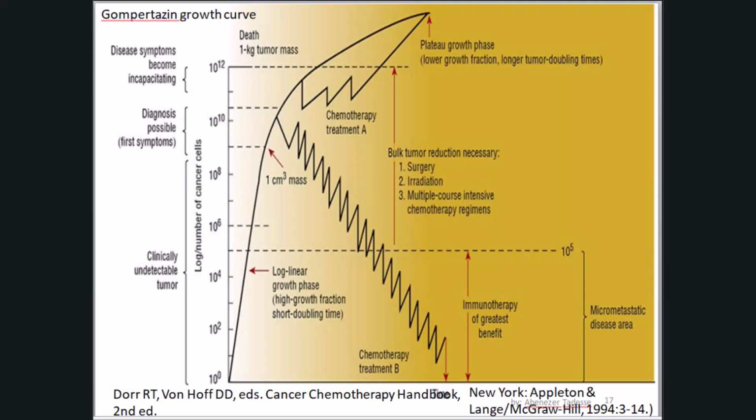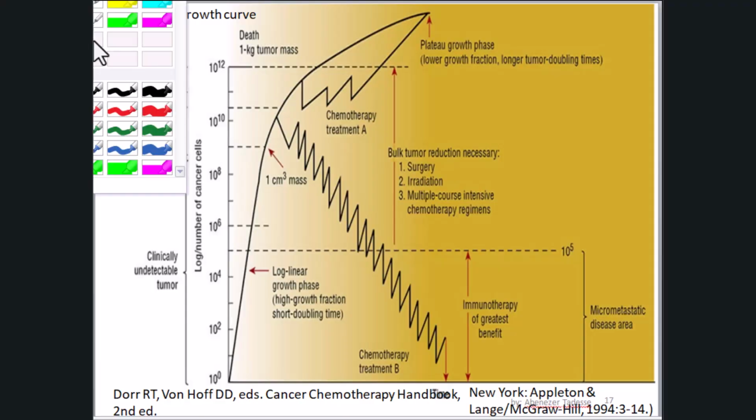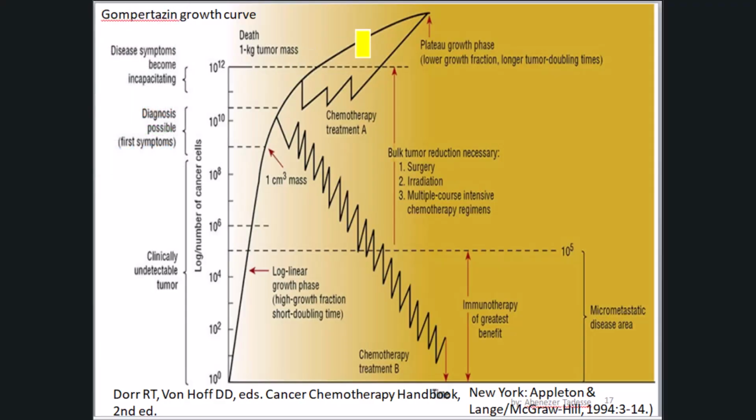Here is an important concept: this diagram shows the theoretical growth of cancer cells, the Gompertzian growth curve, a curve that shows the growth of the cancer cell.